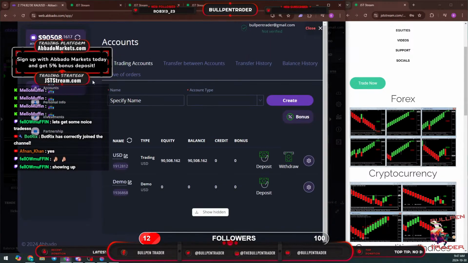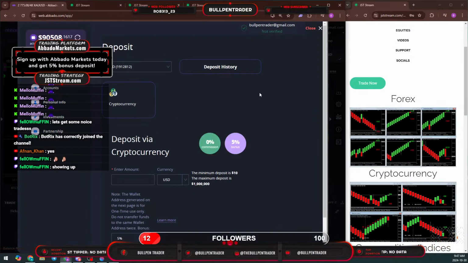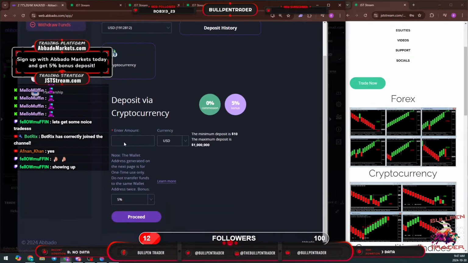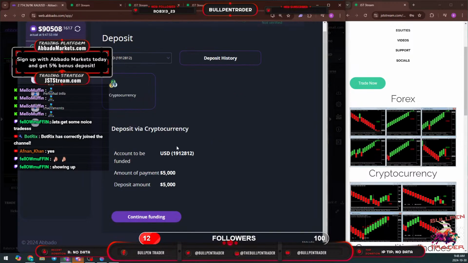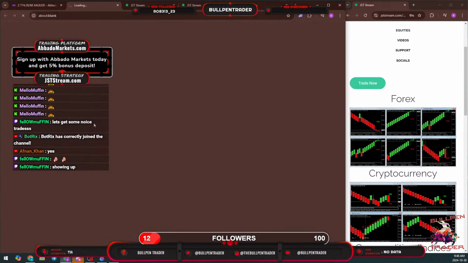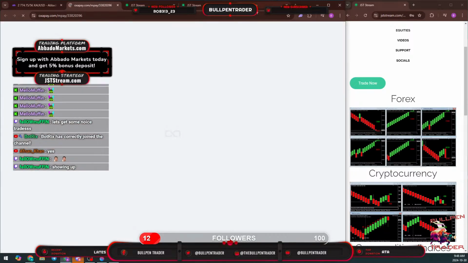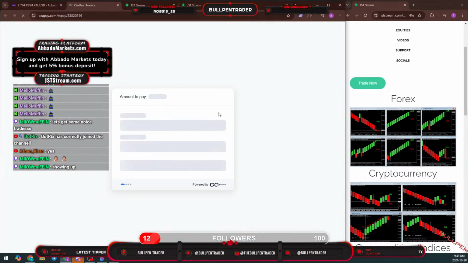Again, if you want to deposit, like he was asking, you just go to deposit funds. I think they only have cryptocurrency right now. You type in, for example, 5K, and you select USD. You get a 5% bonus on your deposit. You go next, continue funding, and it's going to open up the page for you to be able to deposit using crypto.